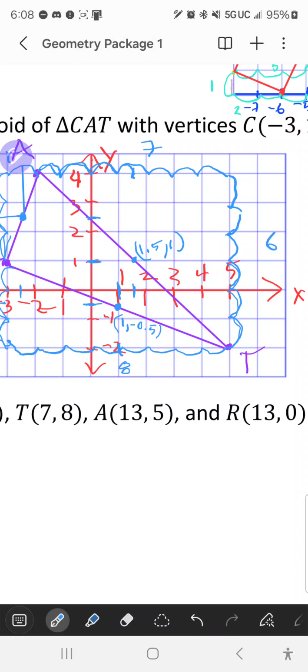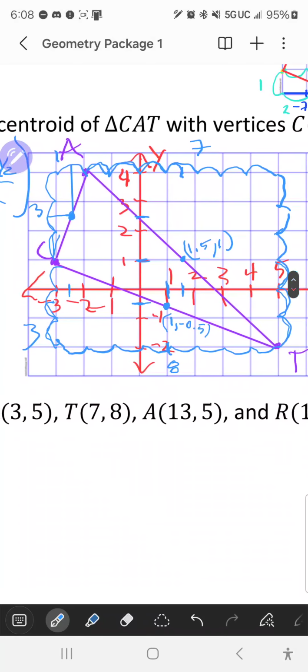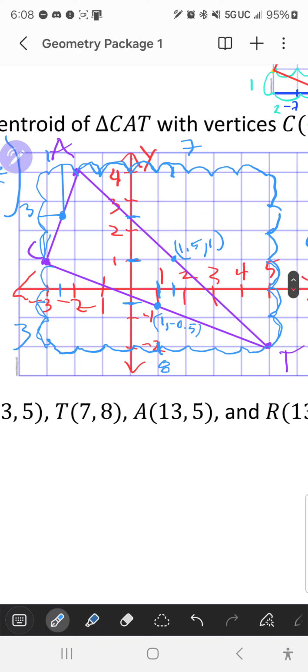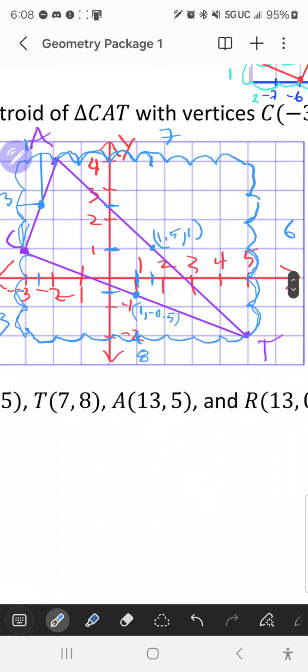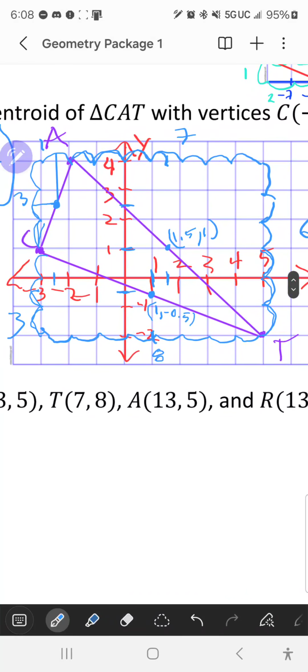Now we have the midpoint, so let's do the centroid. Wait, centroid. I confused with biology for 1 second, sorry. So from here to the midpoint, right here, from here to the midpoint.